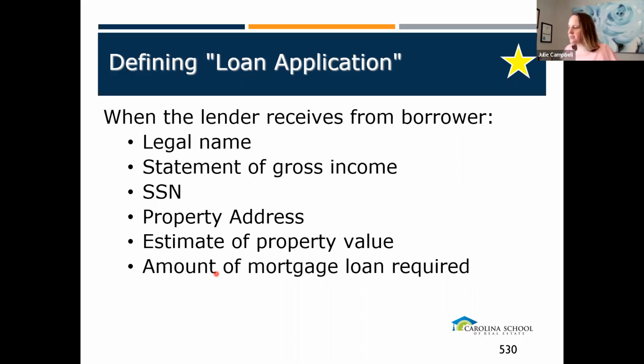Once the lender gets, and this is all on page 530, certain information about the borrower and certain information about the property, specifically the borrower's name, gross income, social security number, the property's address, estimate of property value, and the loan amount. Those 6 pieces together is the official loan application, and that starts a trigger for the lender.